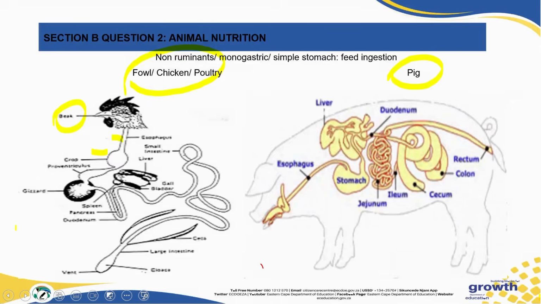And then from the crop, it moves down to the proventriculus. A proventriculus is that portion of the stomach of a fowl which has pimple-like structures, which have pores in them. And this part of the stomach is called a glandular stomach.